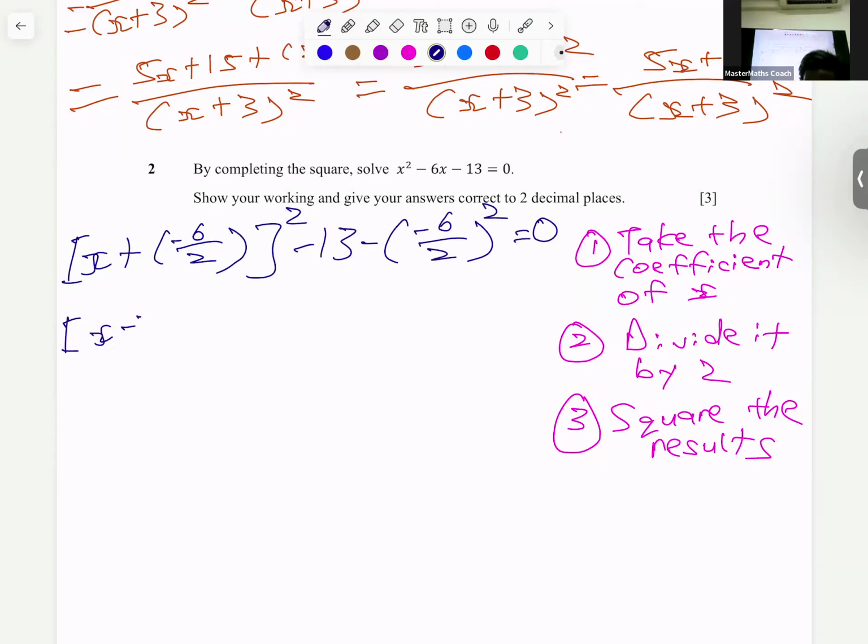So this will be x minus 3 squared minus 13 minus -3 squared equals to 0.